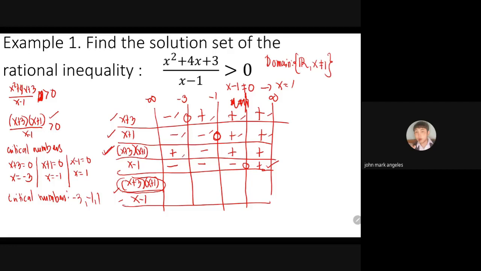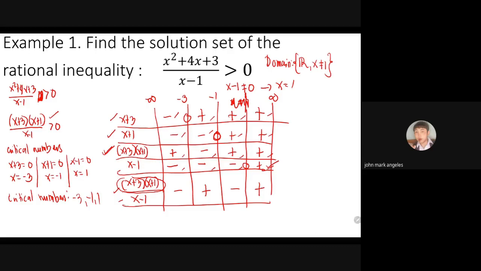Positive divided by negative, it's negative. Negative divided by negative, it's positive. Positive divided by negative, it's negative. Positive divided by positive, it's positive. But our given is greater than 0. Ang negative ba ay greater than 0?